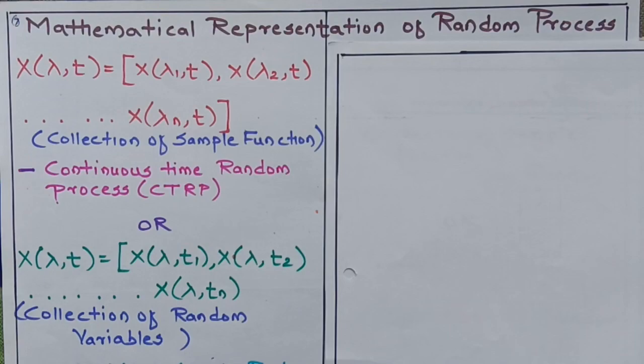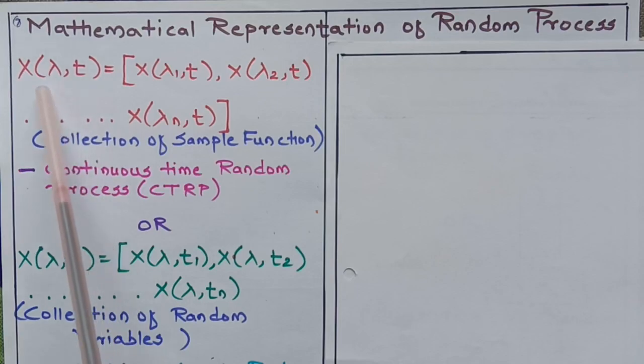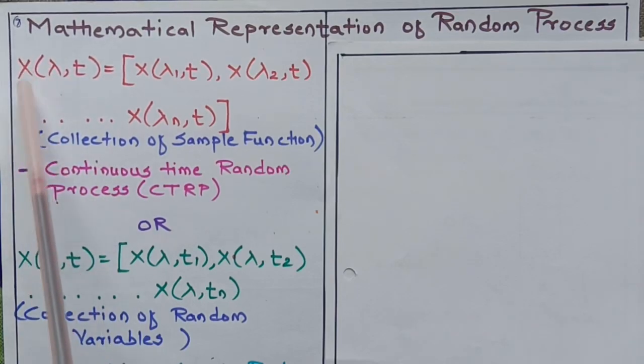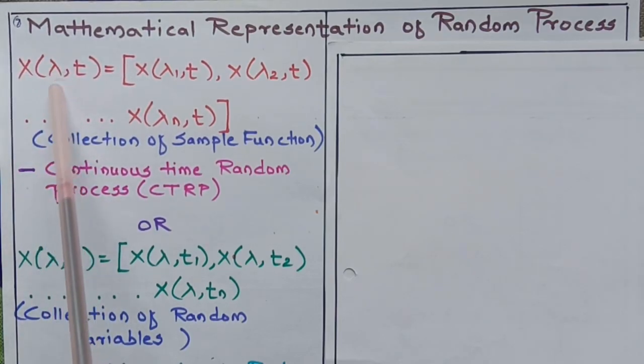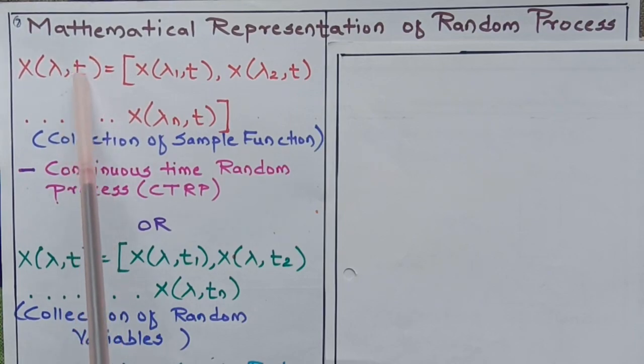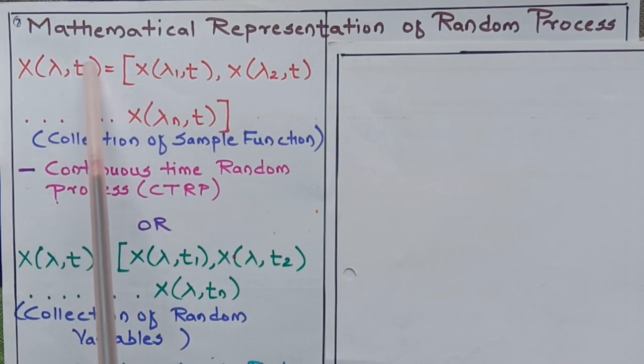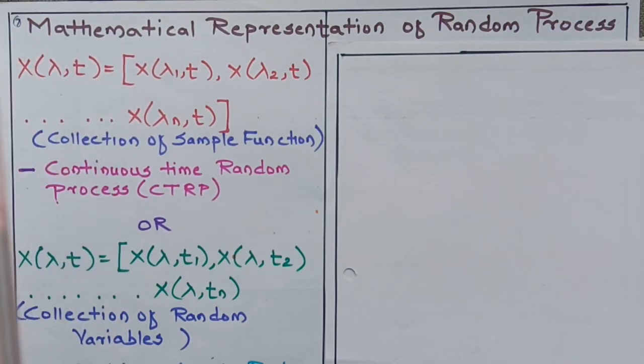Now, moving towards the mathematical representation of a random process. As we know, a random process is nothing but a random variable which is a function of time. That's why we have written capital X of lambda comma t. Why t? Because this random variable, since it is a function of time, becomes a random process.